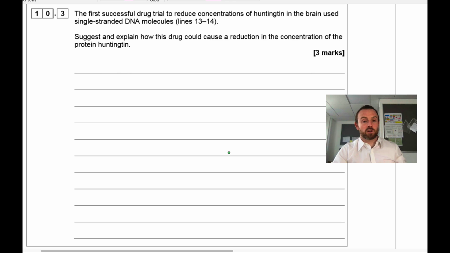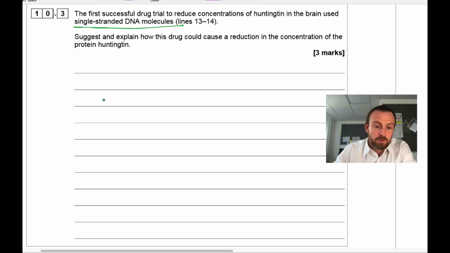The first successful drug trials to reduce concentration of huntingtin in the brain used single-strand DNA molecules. This is basically explaining siRNA. So siRNA, what happens? Here's the siRNA.